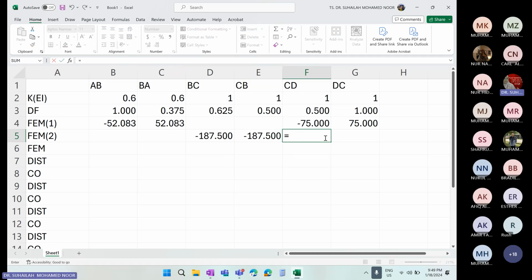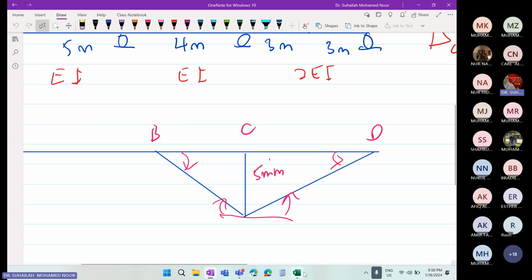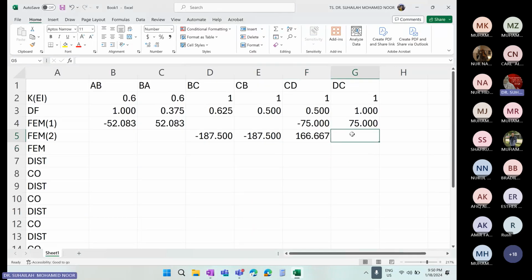It is 6 times 2 EI delta over L squared. E is 200. Assume, if not given, assume 200. Delta is 0.005, L is 6, so 36. This is also the same.